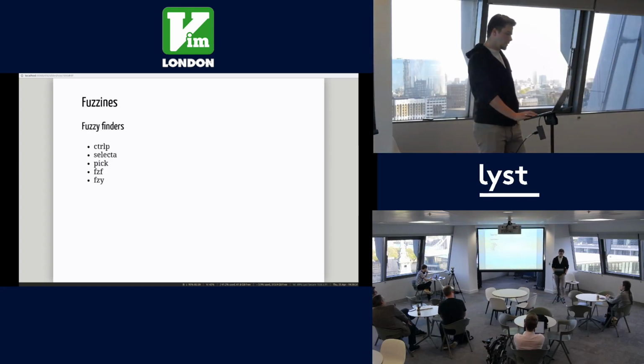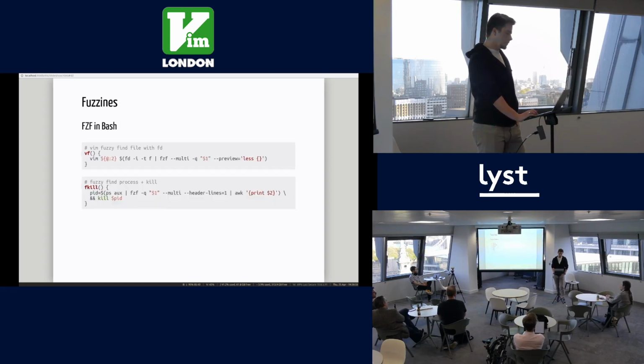I also use fuzziness. There are several fuzzy finders which allow you to specify just a part of the search term and pick what you actually need from a list. So I personally use FZF. Basically, they allow you to dynamically filter the input.